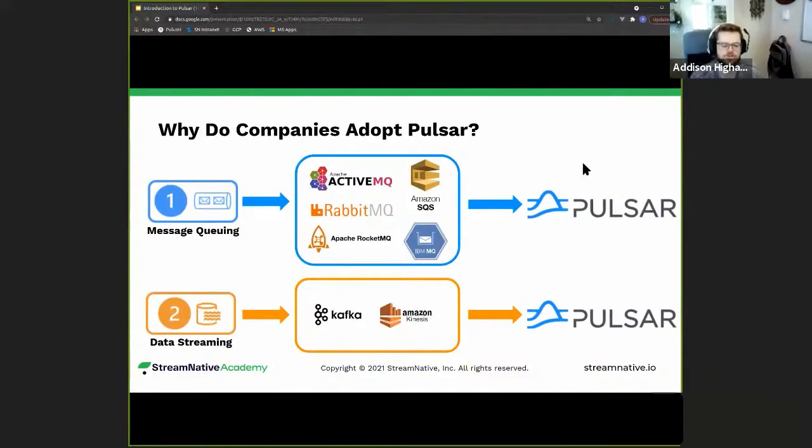And so once again, Pulsar is unique in being able to do both of those in one system, and many organizations are adopting it for its ability to simplify their architecture and simplify the deployments that they have, of one system that can replace multiple systems.